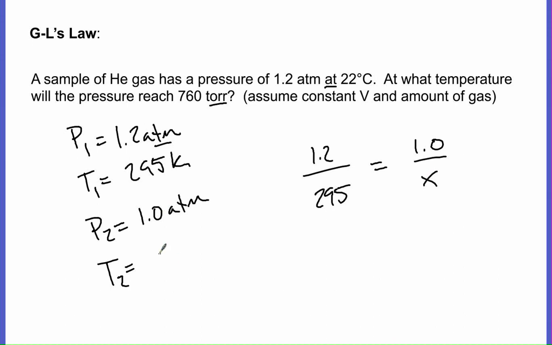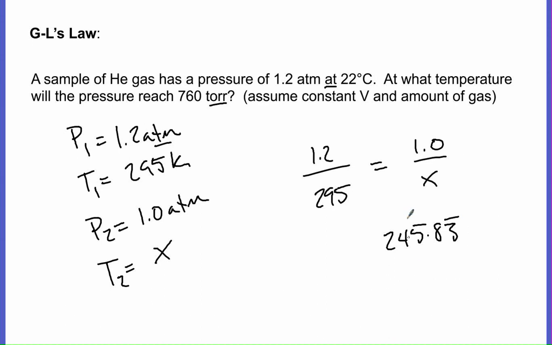So I'm solving for x here. 1 times 295 is just 295, so I'm not going to do that, divided by 1.2. I'm going to get an answer here of 245.83 repeating, right? The 3's repeat.